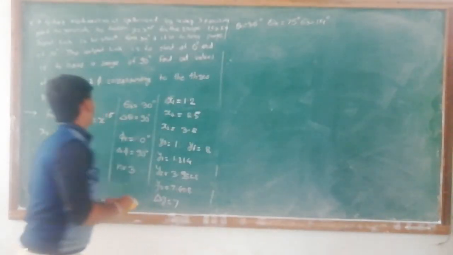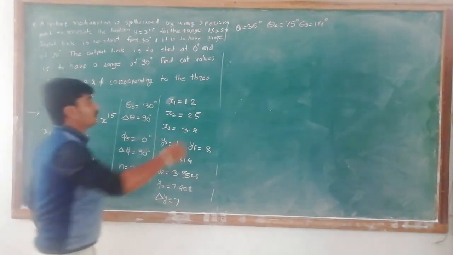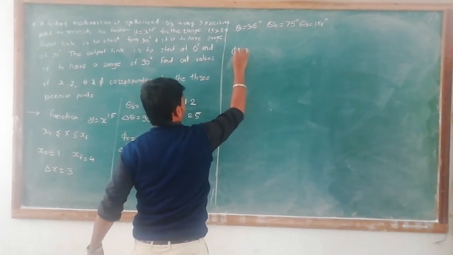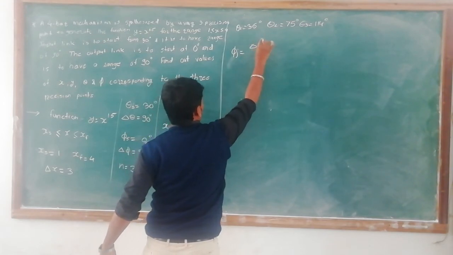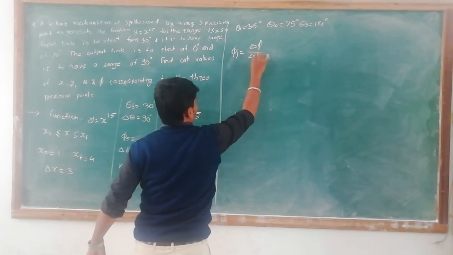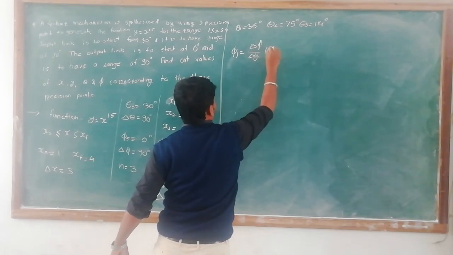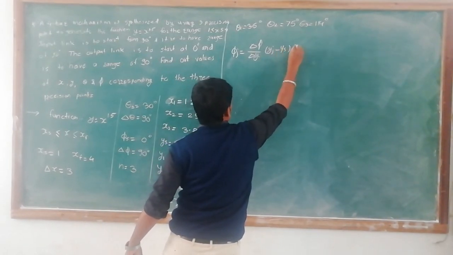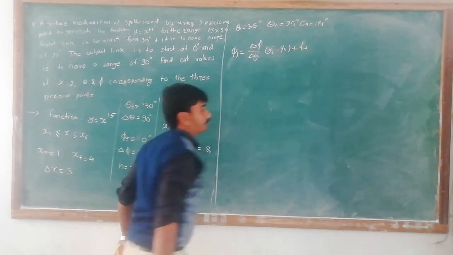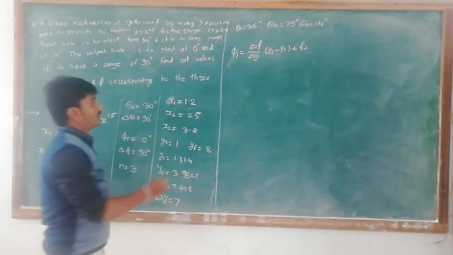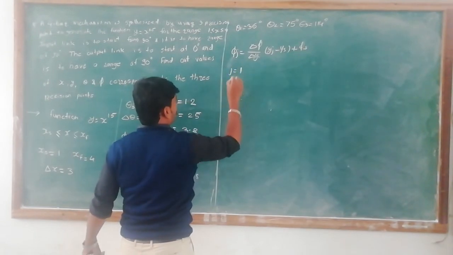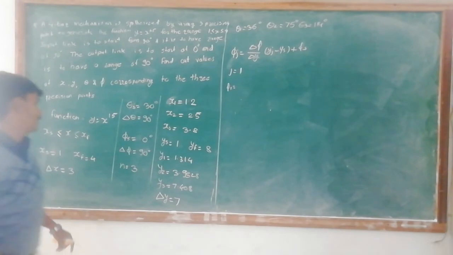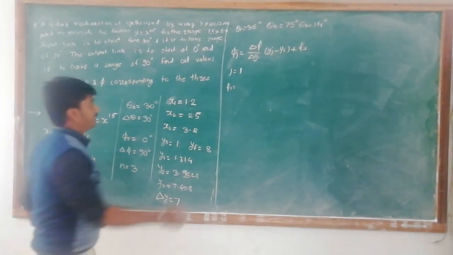Now we have to find out the value of phi. The formula for phi: phi j is equal to delta of phi upon delta of y into (y of j minus y of starting) plus phi of starting. So for j is equal to 1, phi 1 is equal to delta phi, and delta phi is given as 90 degrees.